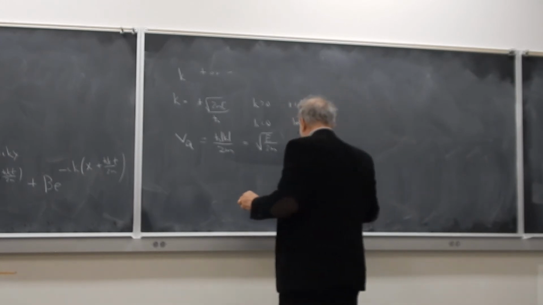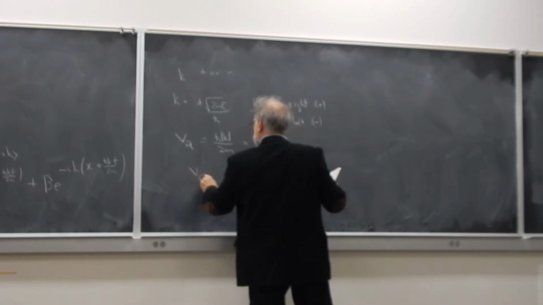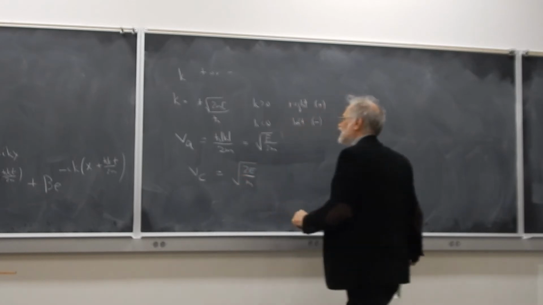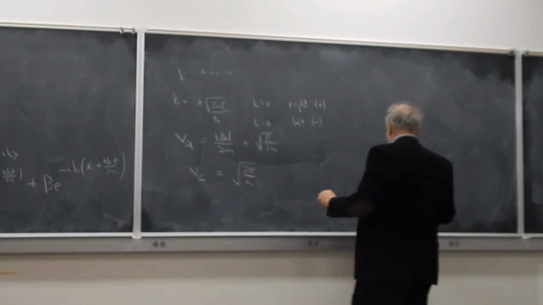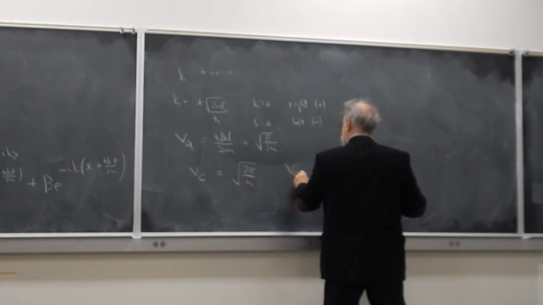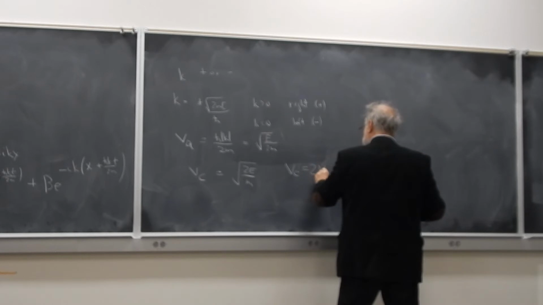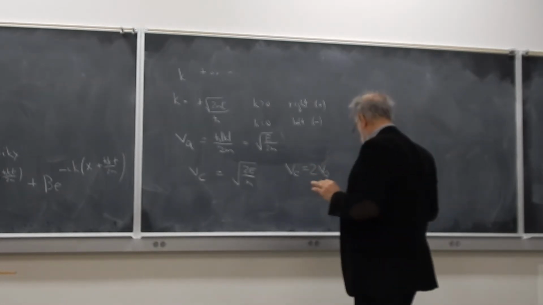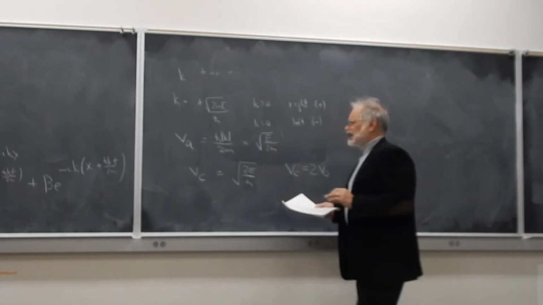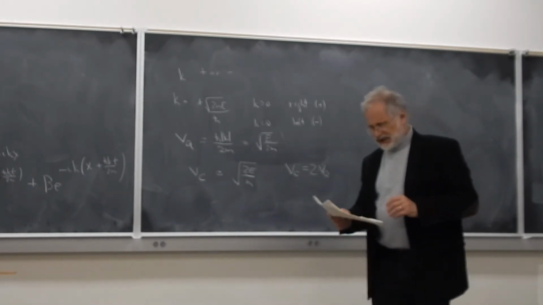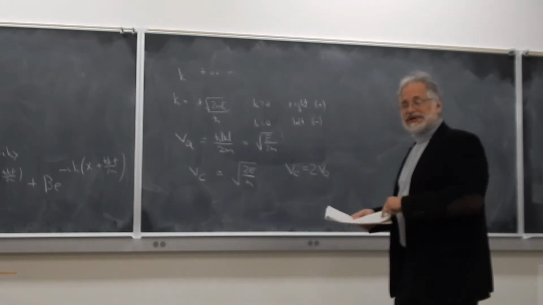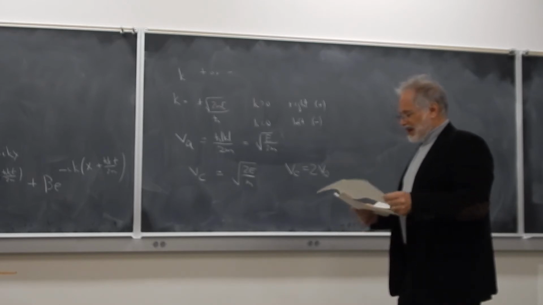Classically, we're used to writing velocity as the square root of twice the energy over the mass. And so the prediction is that the classical velocity is actually twice as large as the quantum velocity. So that's telling me that the quantum mechanical wave function travels at half the speed of this so-called particle that we're representing. There'll be more on that later.